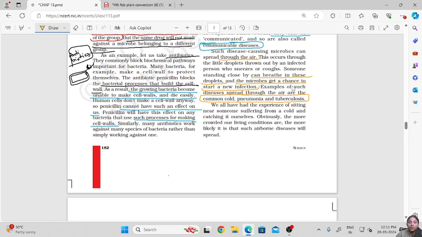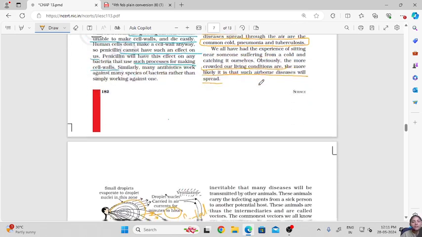So when our surroundings are more crowded, and if someone is infected, it is more likely that we will catch such airborne diseases.